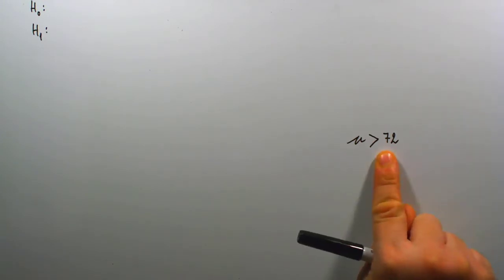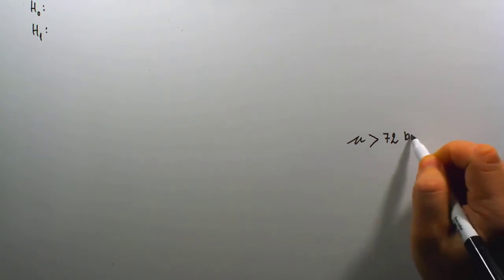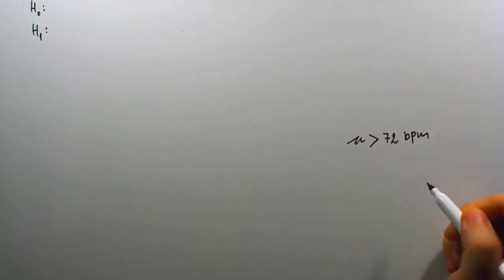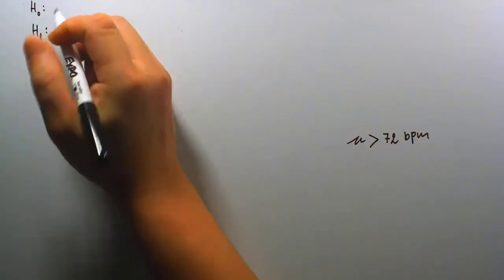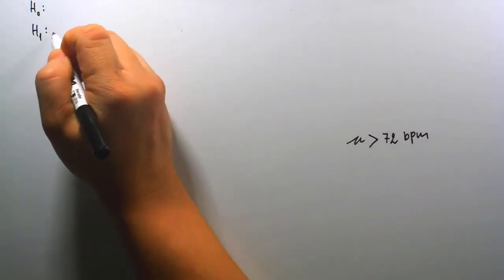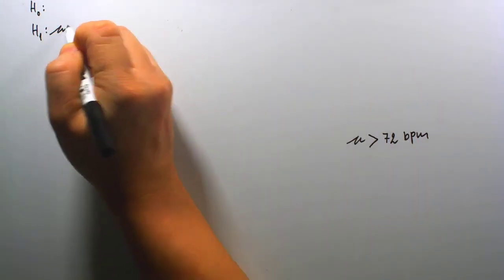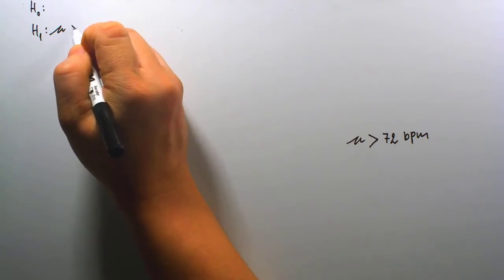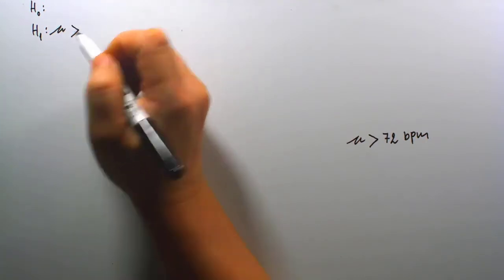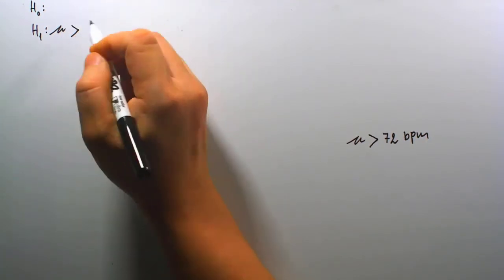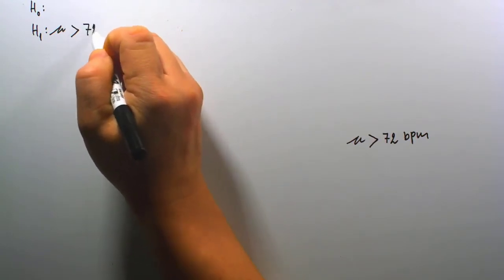So this statement right out of the wording in symbolic form is an inequality statement, and so it is perfect for using as our alternative hypothesis. So in our hypothesis H1, it says mu, the mean pulse rate, is greater than 72 beats per minute.